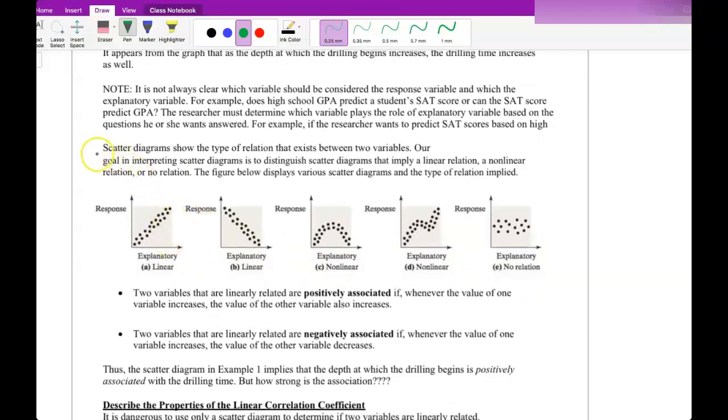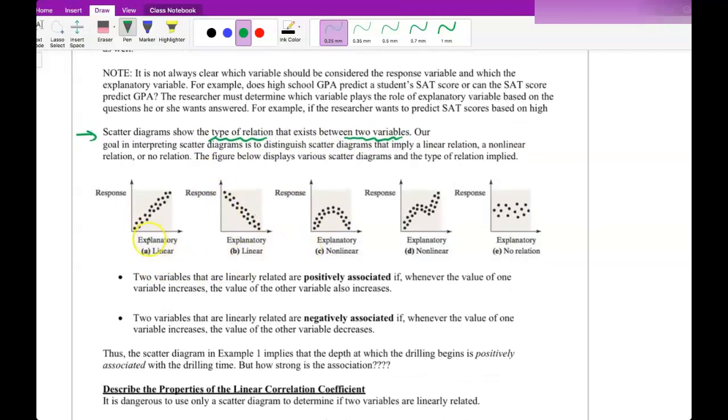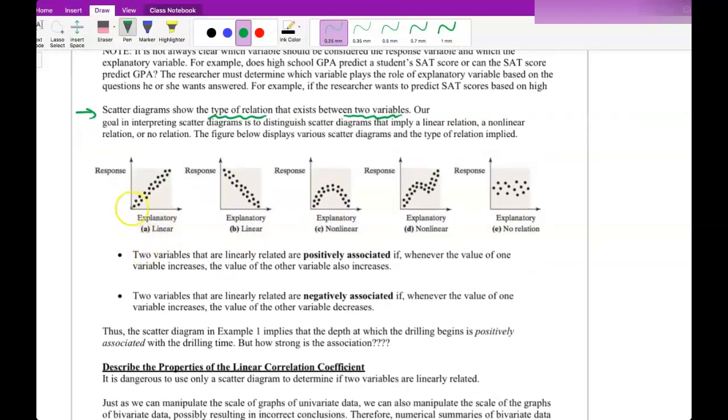Next page. Now in this part, we have scatter diagrams that show the type of relation between two variables, the type of relation between x and y. For all of these, the x-axis is explanatory and the y-axis is the response.